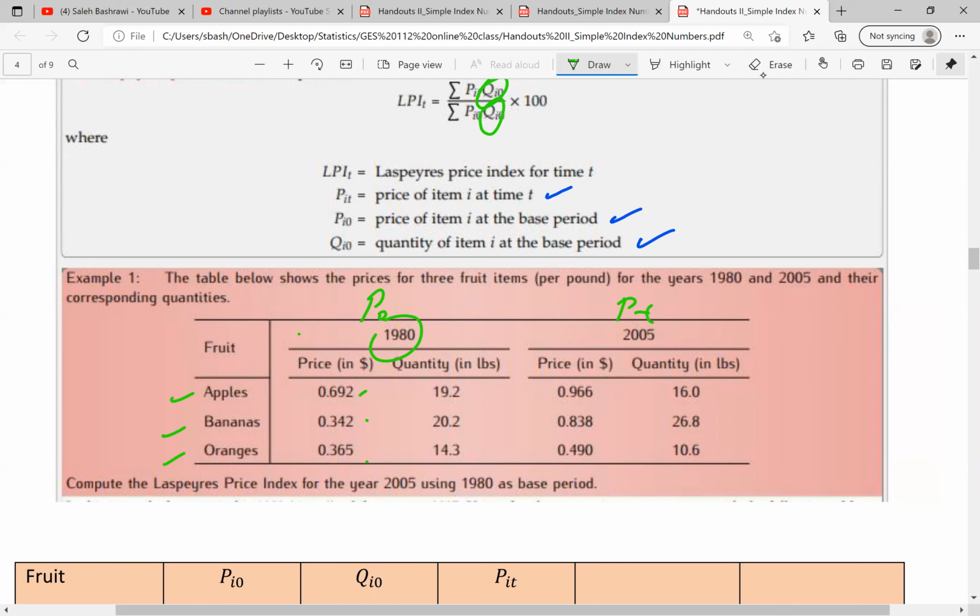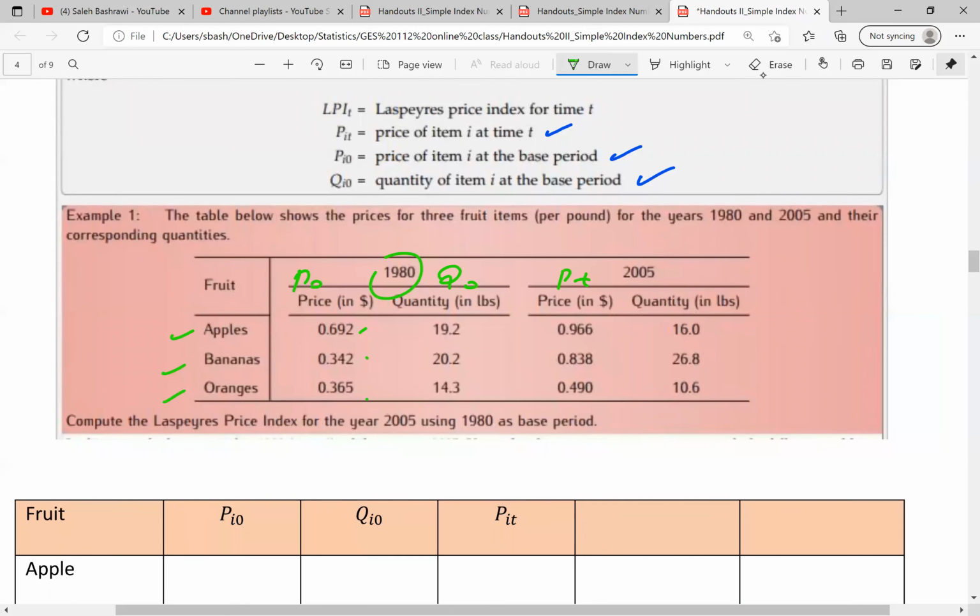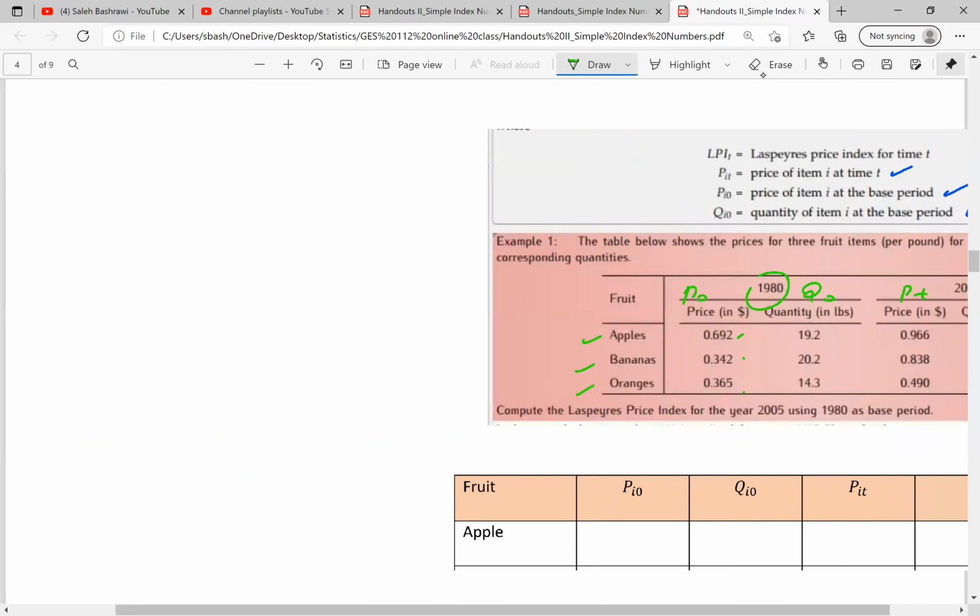We can say this is P0 and this is Q0, and this will be Pt. The base time is 1980 and the time given is 2005, and we need to compute the Laspeyres price index for the year 2005 using 1980 as base period.